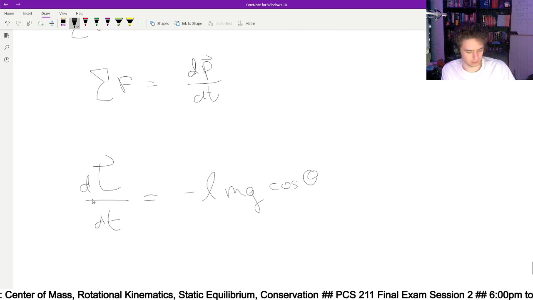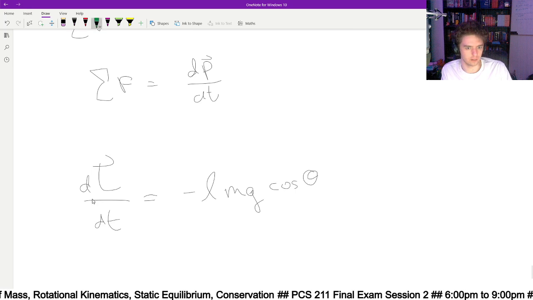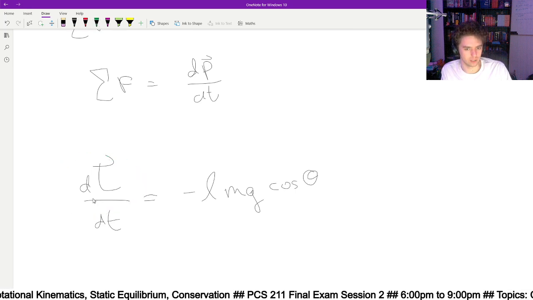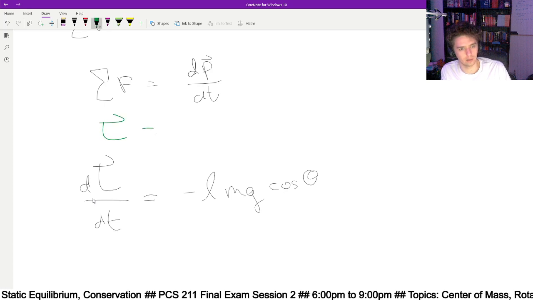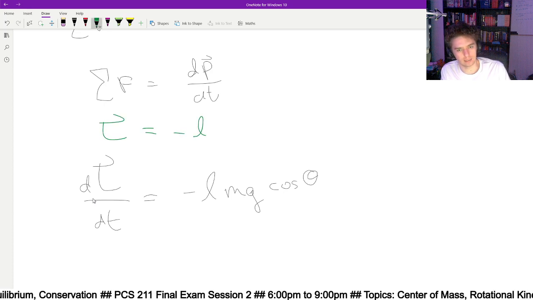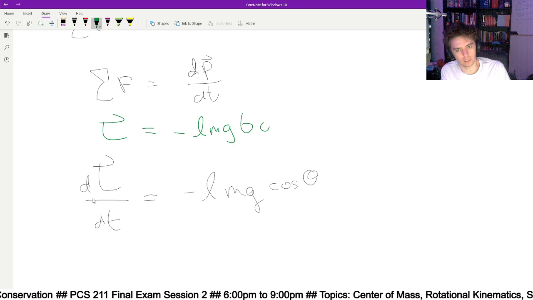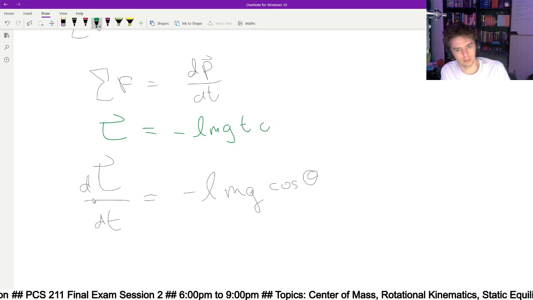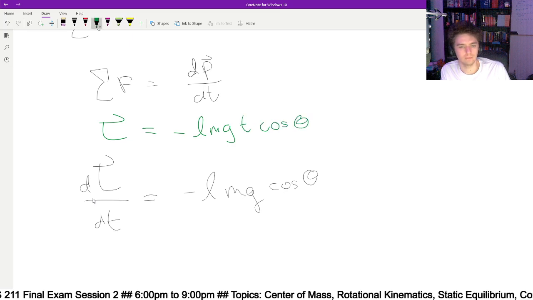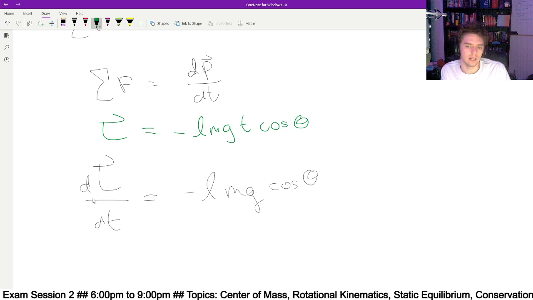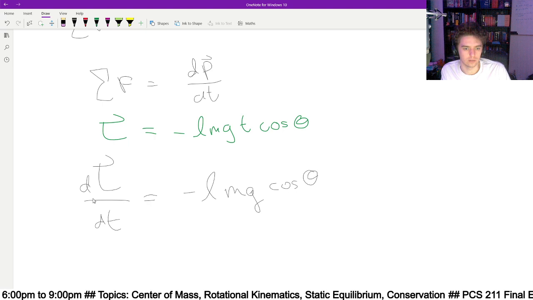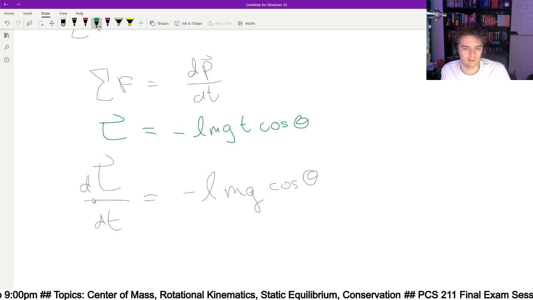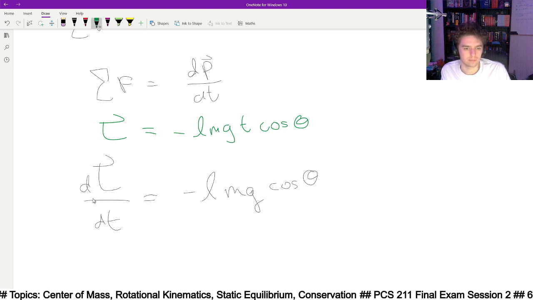It asked us for the derivative of our angular momentum function with respect to time. So if L was negative mgt cos theta, then we take the derivative with respect to t. So t goes away. What's the variable in this?